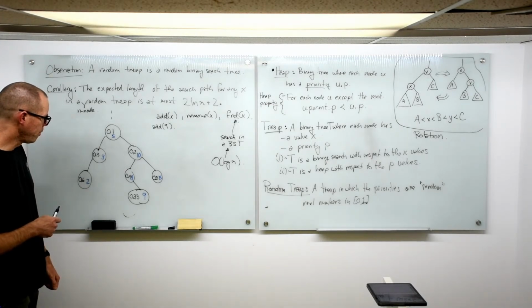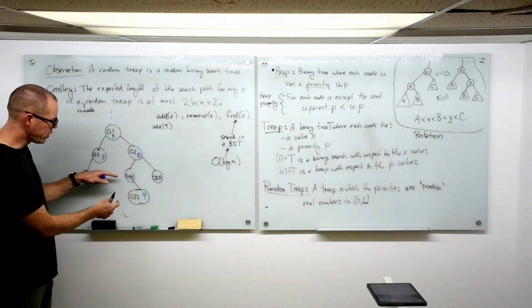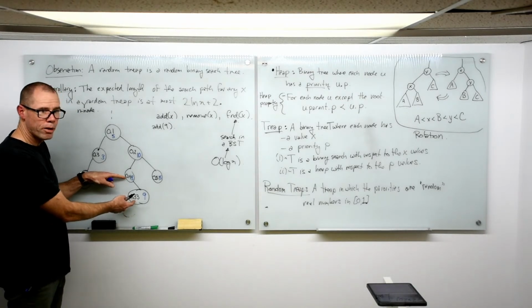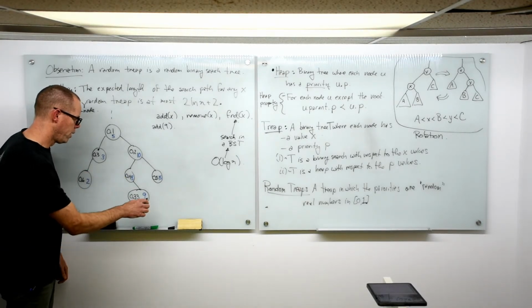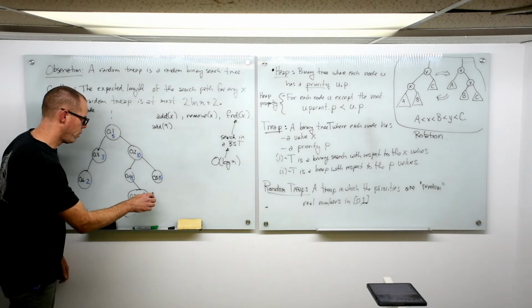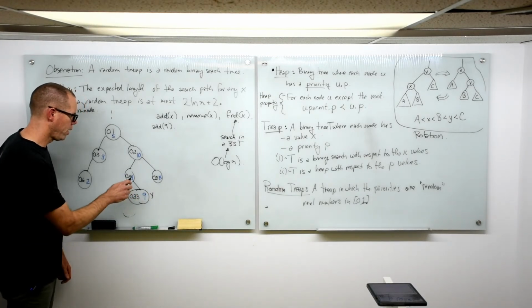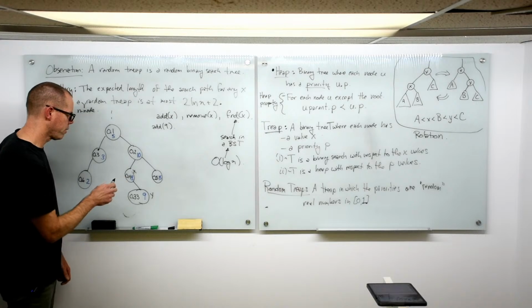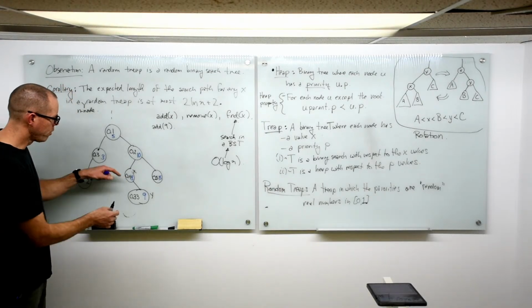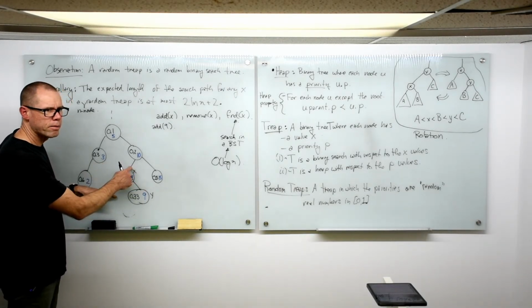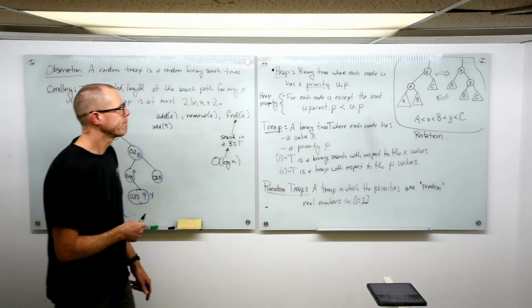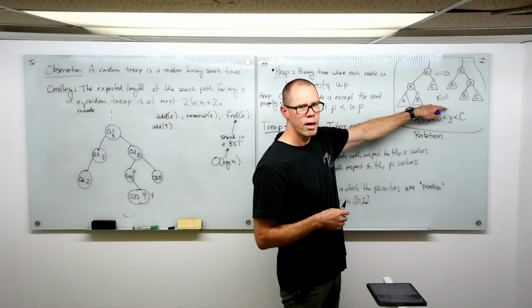So somehow I need to reverse the roles, the child-parent relationship between these two nodes. If I call this node y, and I call this node x, I have a picture where x is the parent of y, but what I want is a picture where y is the parent of x. We have a picture like that over here.